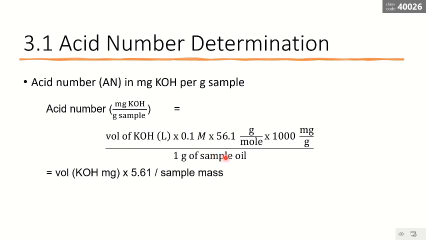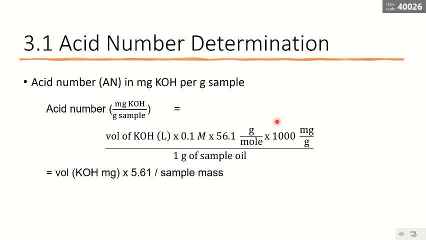That is the definition of this acid number. So the acid number is: for 1 gram of this oil sample, how many milligrams of potassium hydroxide need to be consumed.